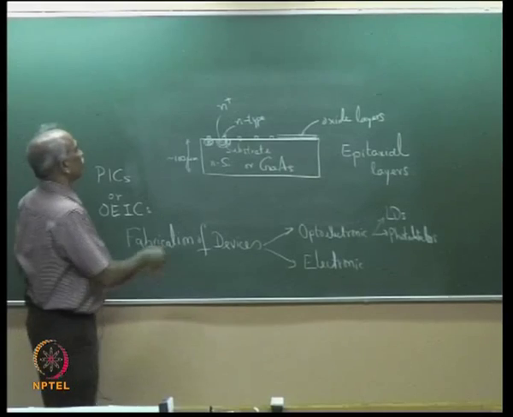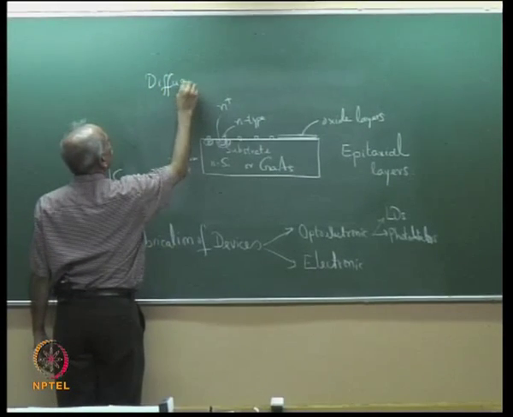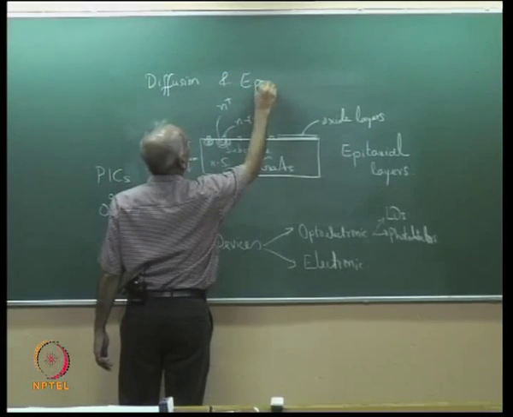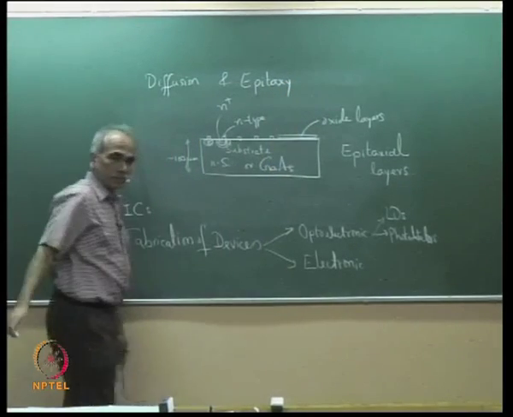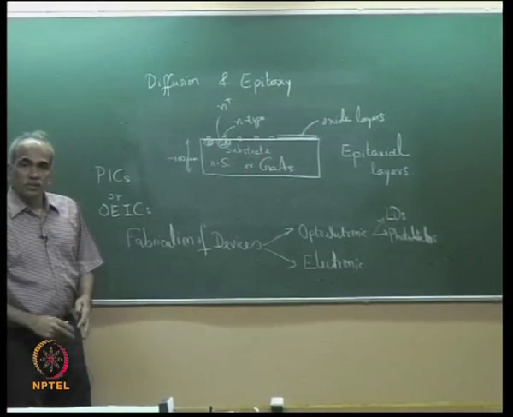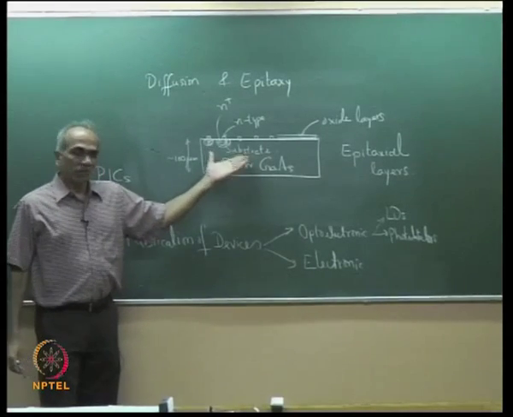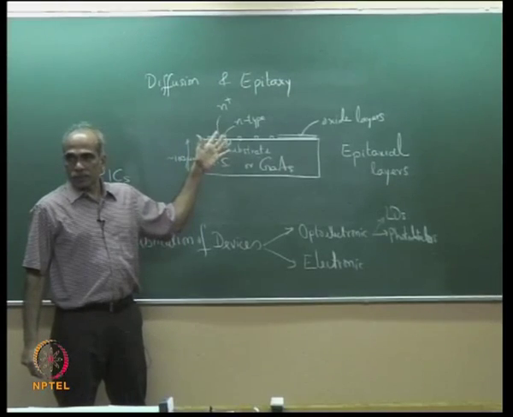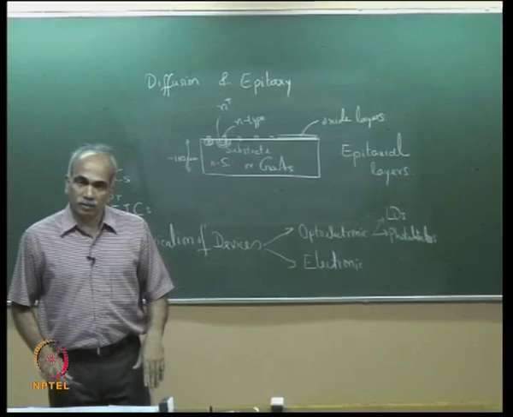So basically there are two processes. One is diffusion and the other is epitaxy, growth on top. Most of the electronic chips use both these processes, and finally you come up with a very large number of devices.